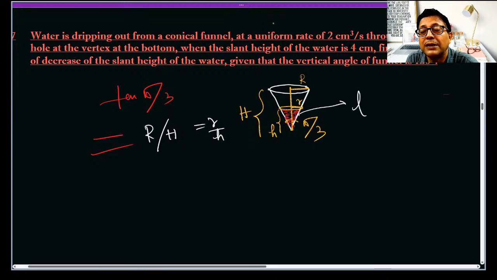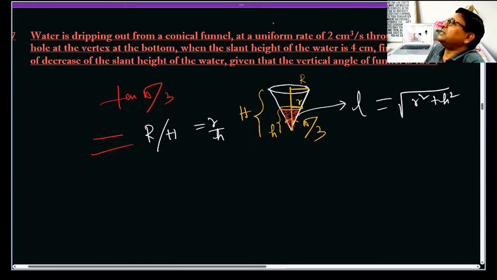Slant height is under root r square plus h square, isn't it? Slant height is decreasing because water is dripping out. That's why slant height is decreasing. Height decreasing, slant height also decreases.